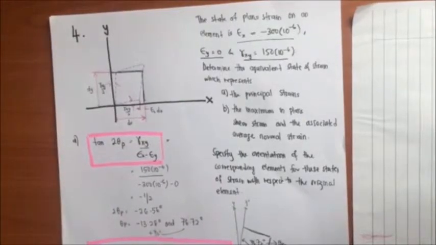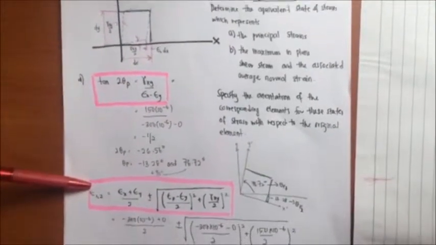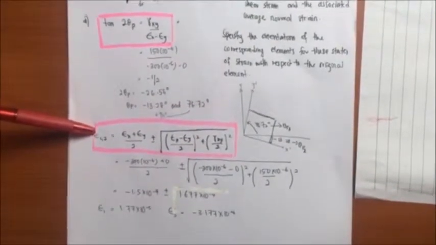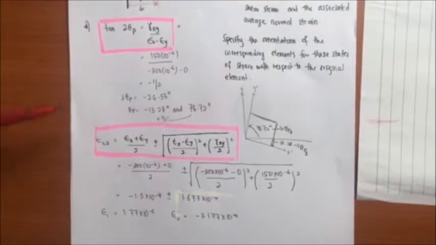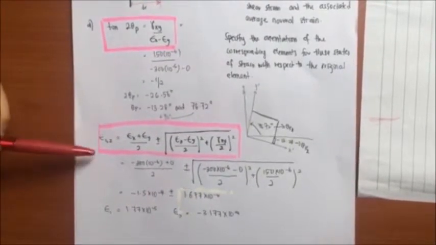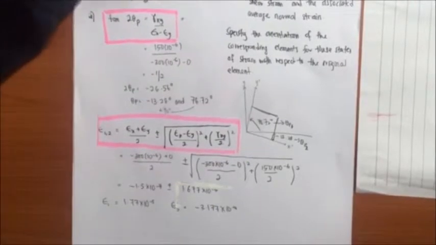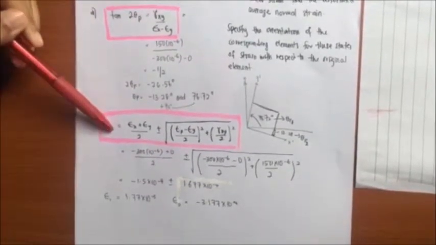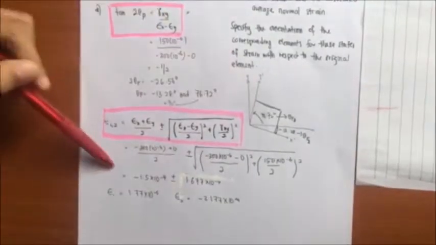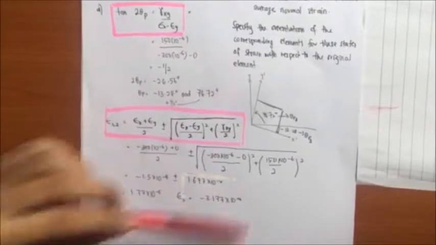And then the next step is to find the normal strain, and you can just substitute the given info into this equation, and then you can just directly get the answer.